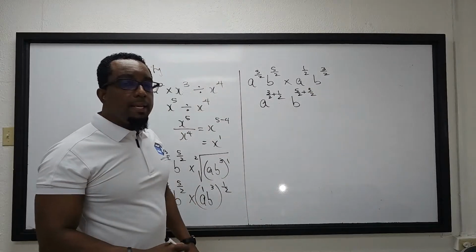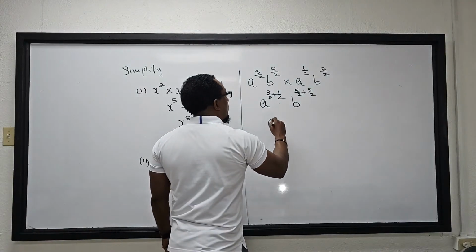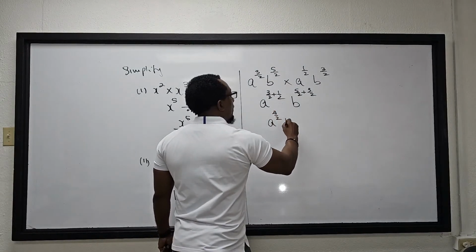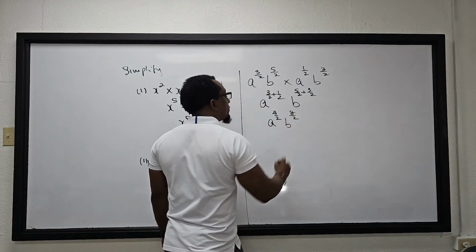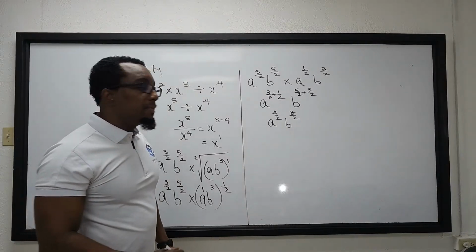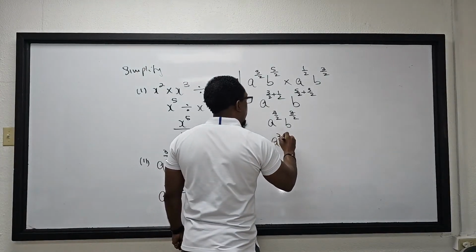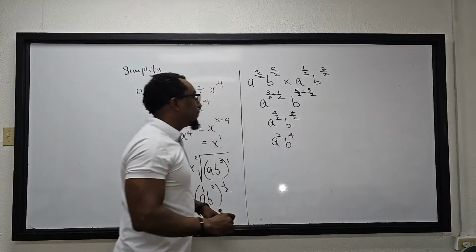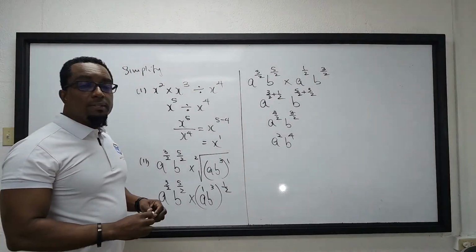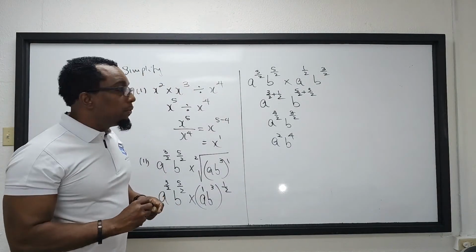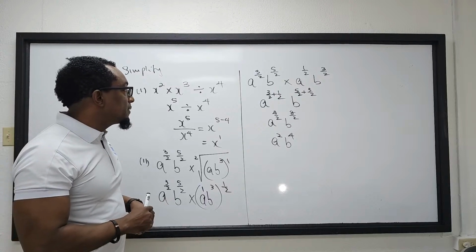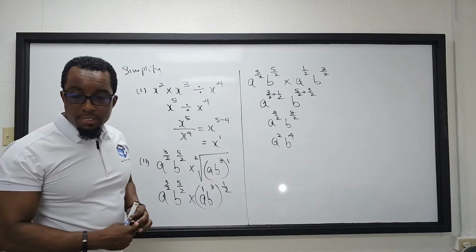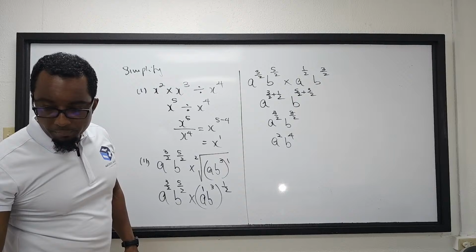So this will be a to the power of 4 over 2, b to the power of 8 over 2, which will simplify to become a to the power of 2, b to the power of 4. And that will be the result there. So making sure we know our laws of indices, we can apply those laws to help us to simplify.